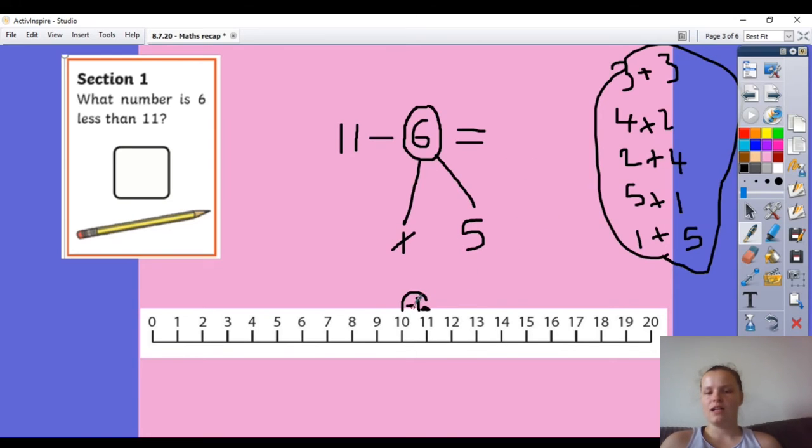The 5. Now you should know your number bonds to 10 really quickly. So if you're taking away 5 from 10, you should know that your answer will get you to 5 really quickly. So that might be an easier, quicker way for you to work out 11 take away 6 by making 10 first instead of counting back in ones. Okay, well done. Moving on.